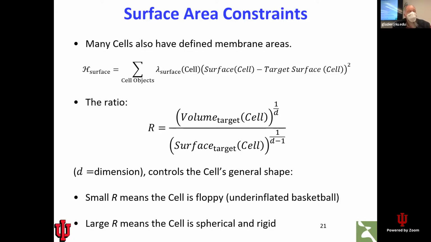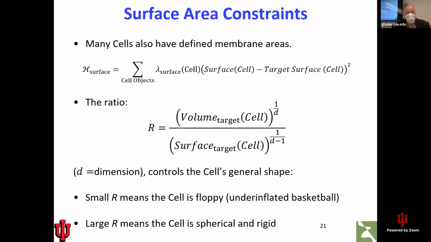So for example, in 2 dimensions, it would be volume to the 1/2 divided by surface. In 3D, it would be volume to the 1/3 divided by surface to the 2/3. That number is a geometrical factor that describes the shape of the object.